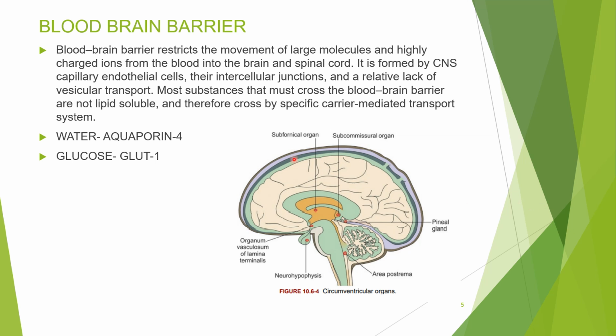First coming to the blood-brain barrier. This blood-brain barrier restricts the movements of large molecules and highly charged ions from the blood into the brain and spinal cord. So what is the most important function of the blood-brain barrier? It will restrict the movement of large molecules and highly charged ions from blood into the brain and spinal cord.